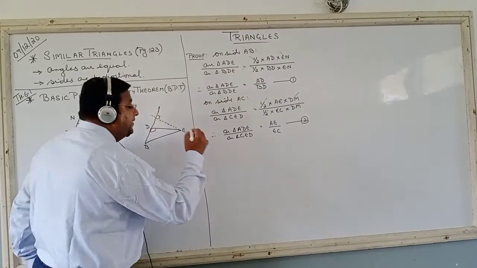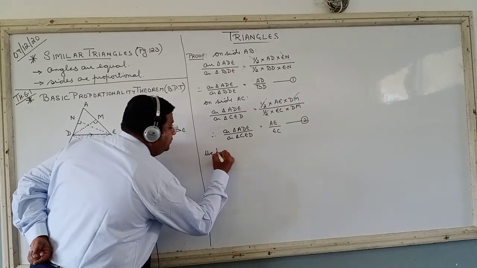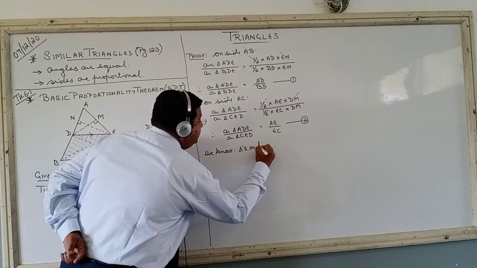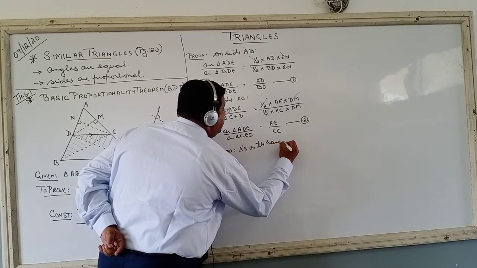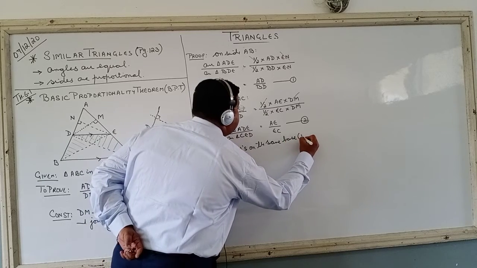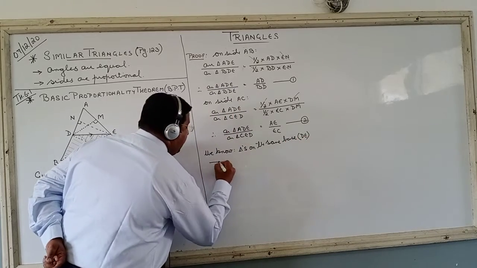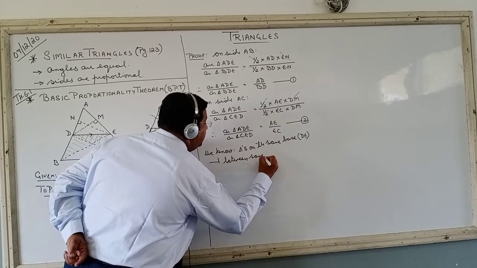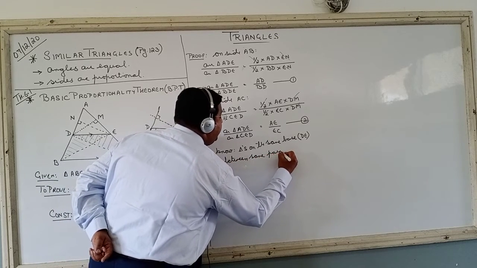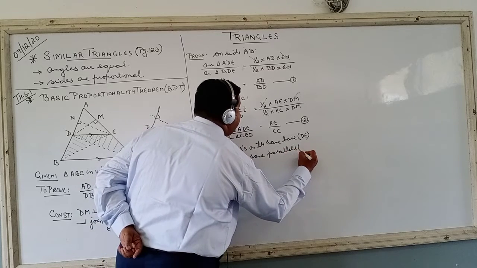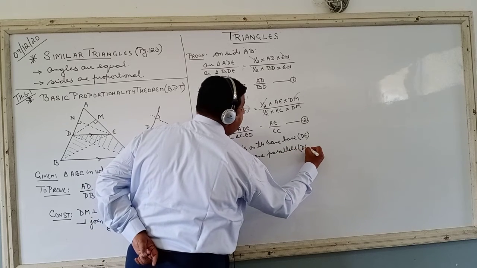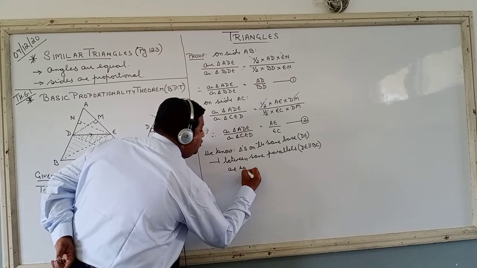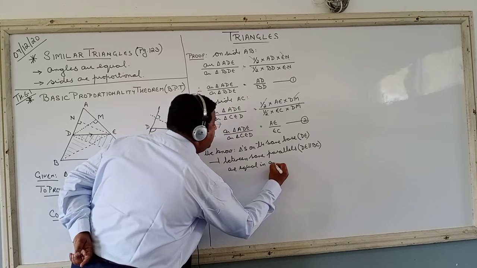Now here we know triangles on the same base, which is the base DE, and between same parallels, which is the parallel DE parallel to BC, are equal in area.